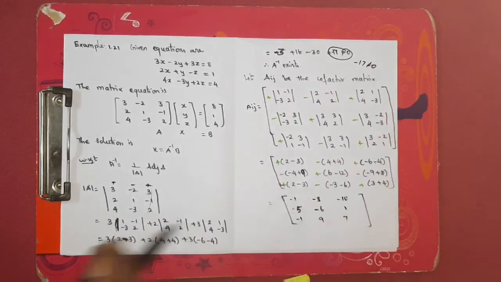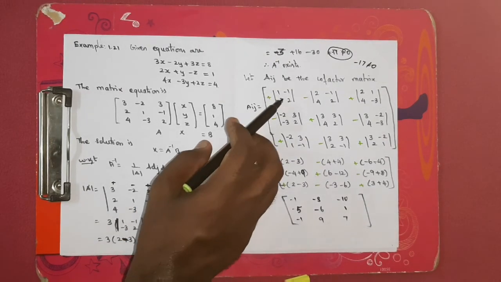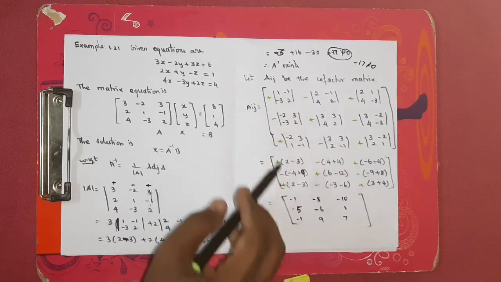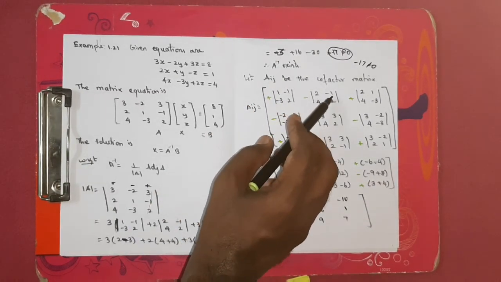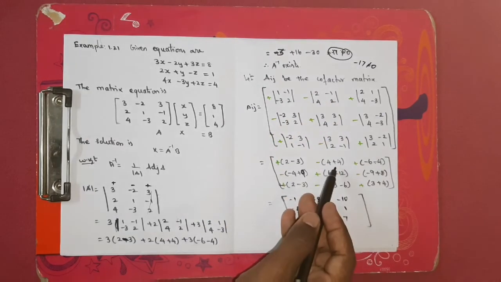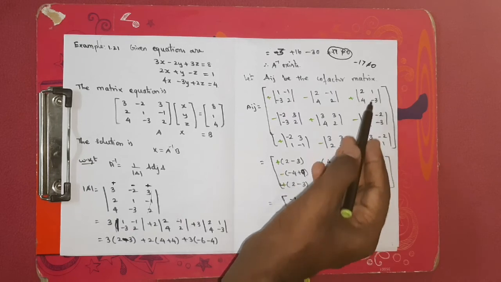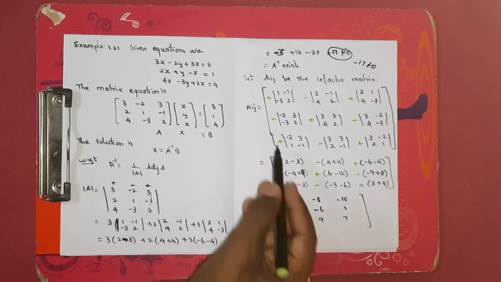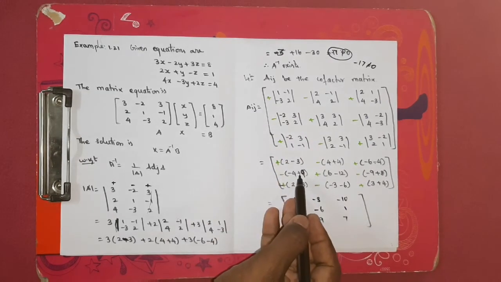Now they all become cofactors. When you solve this, here actually 3, but there is a minus, so minus 3. And here 4, when you solve, minus 4, but above that there is a minus, so plus 4. Here when you solve, minus 6, but above that there is a 4, so minus 4. Next, here minus 4, but above that there is a minus, so plus 9.